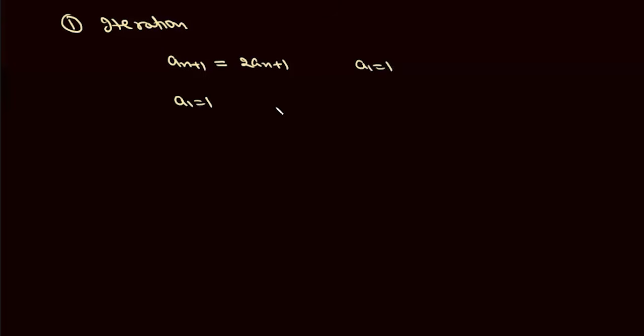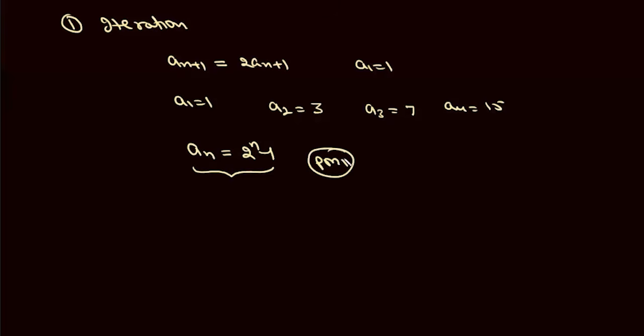So a1 is 1, a2 is 3, a3 is 7, a4 is 15. And if we look at it, we can see the pattern and it will be 2 to the power of n minus 1. And once we guess this pattern, we can solve it using principle of mathematical induction.